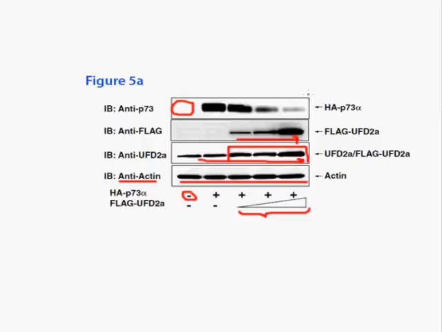So the important part of this figure can be seen here, where increasing amounts of UFD2a decrease the level of P73a. And this led the researchers to believe that UFD2a downregulates P73 alpha.